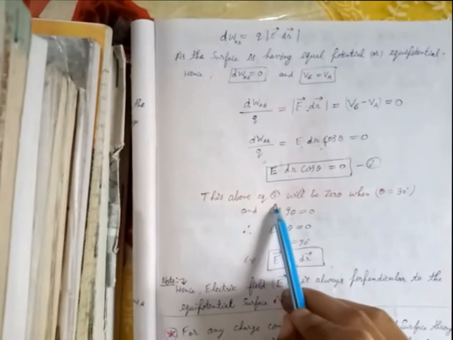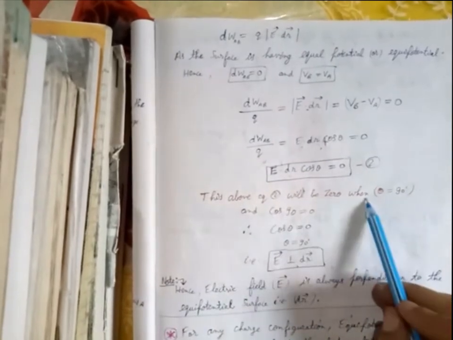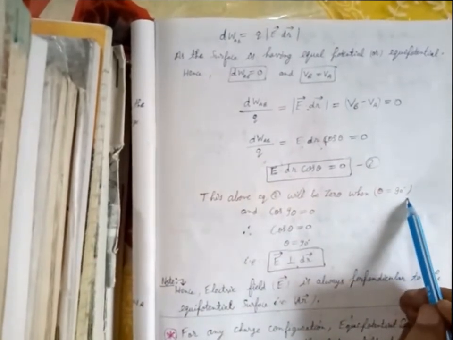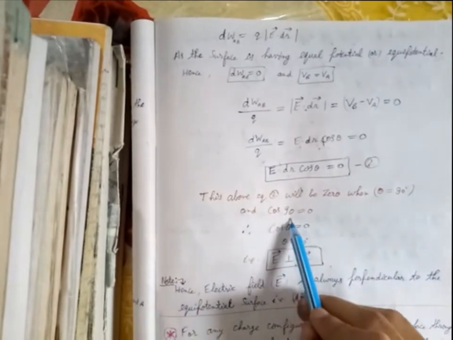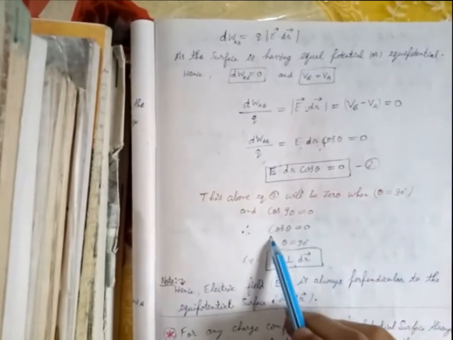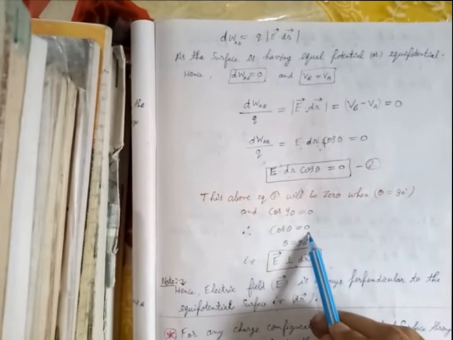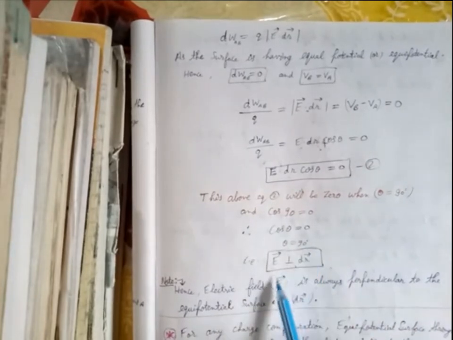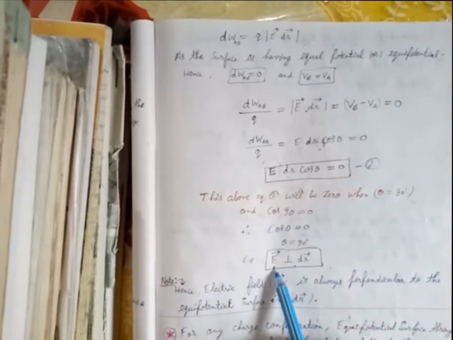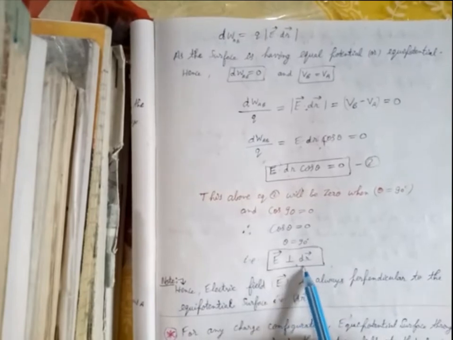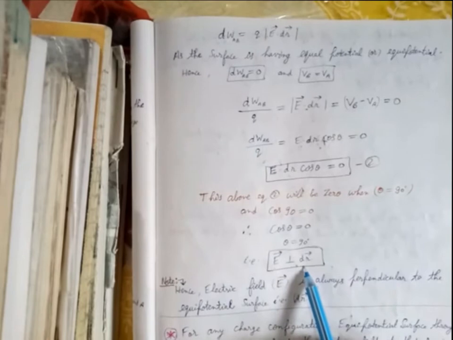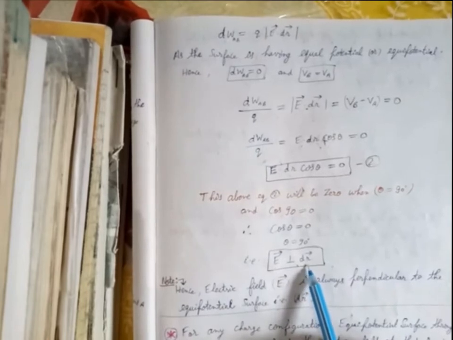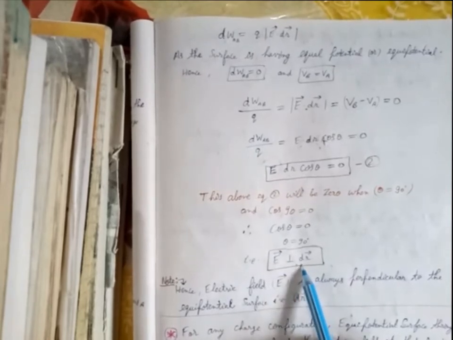So the above equation 2 will be 0 when theta is equal to 90 degrees. It means cos 90 will be 0, cos theta will be 0, theta will be 90 degrees. It means this electric field vector is perpendicular to the displacement vector along the equipotential surface.